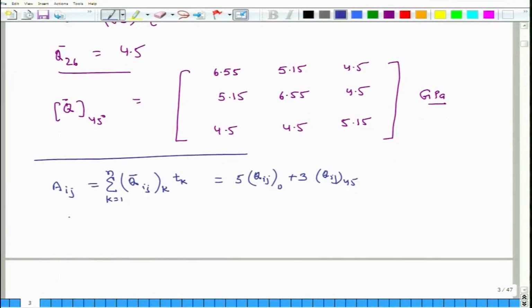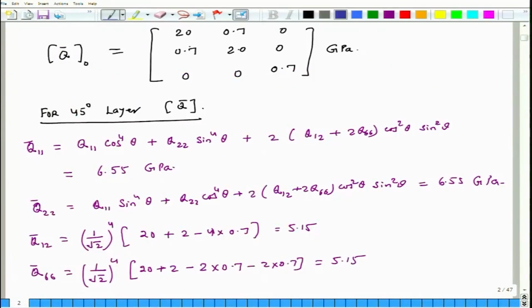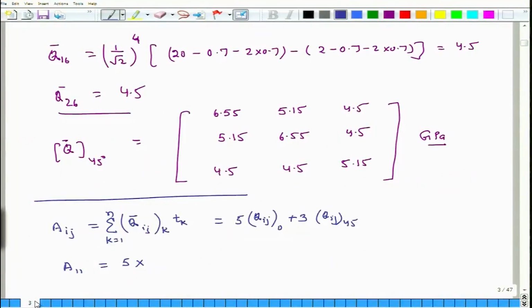So, for instance, A11 will be 5 times Q11 bar, so 20, plus 3 times 6.55. If you do all the computation, it comes to 119.65.